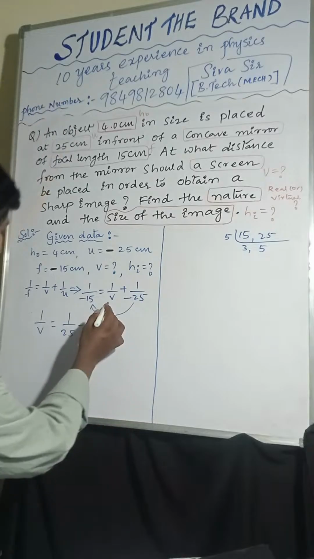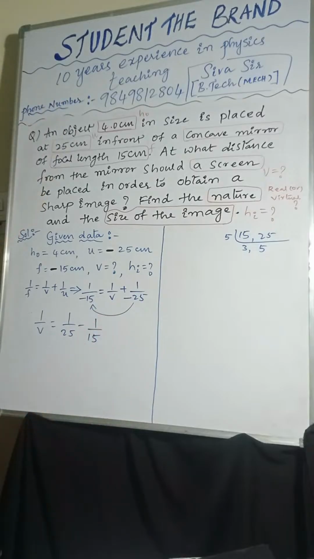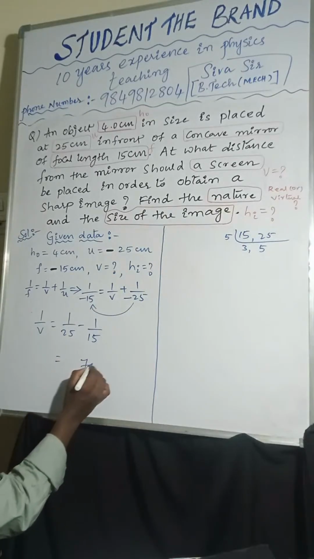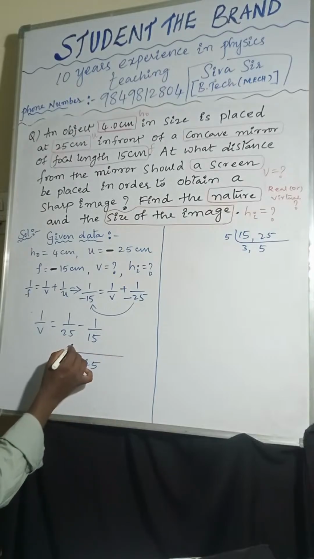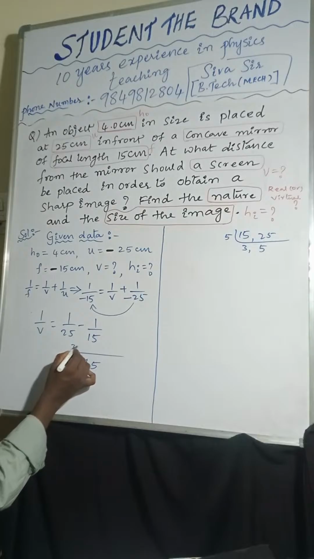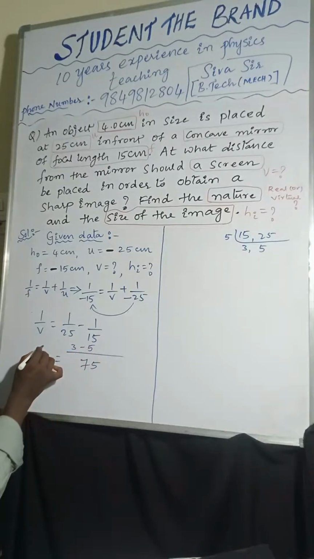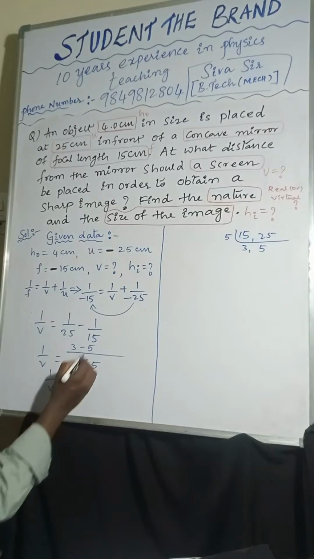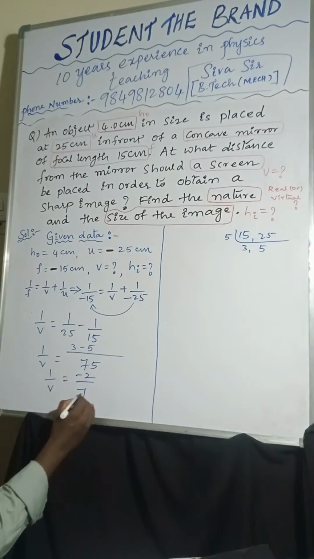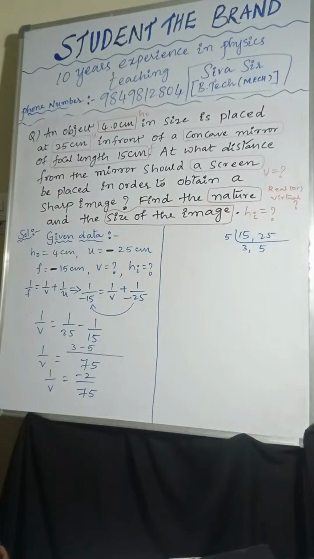So that is the reason we are considering it. Now how much is the LCM? LCM is 75. So 1 by v equals minus 2 by 75.